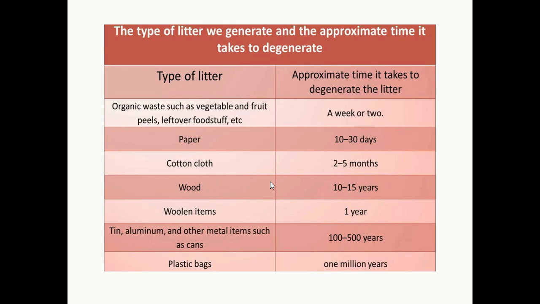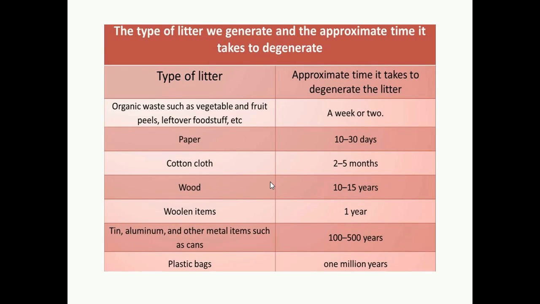For example, organic waste such as vegetables, fruit peels, leaves, leftover foodstuffs, etc. takes a week or 2 weeks. Second one, paper. If paper falls on the earth, it decomposes within 10 to 30 days.